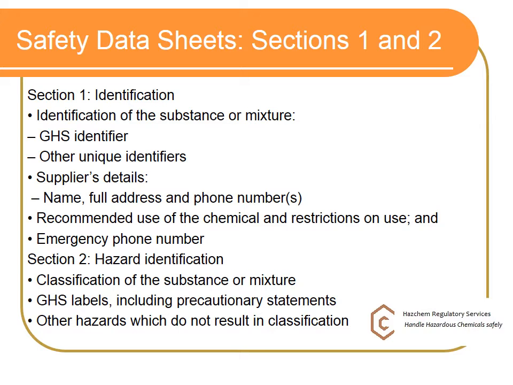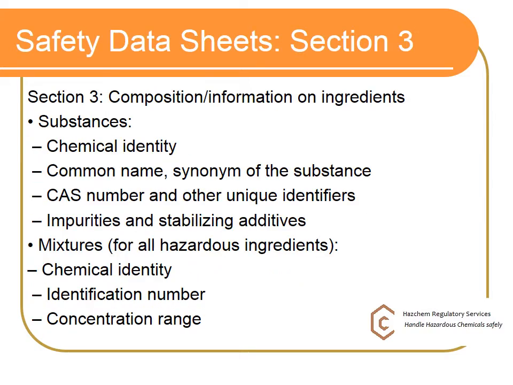Recommended use of the chemical and restrictions on use, and emergency phone number. Section 2. Hazard identification. Classification of the substance or mixture. GHS labels including precautionary statements. Other hazards which do not result in classification.